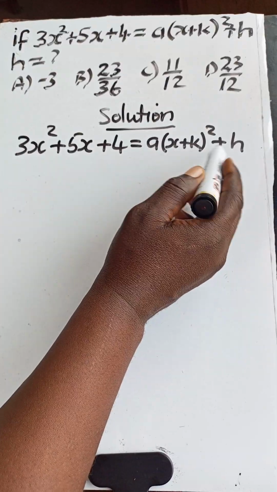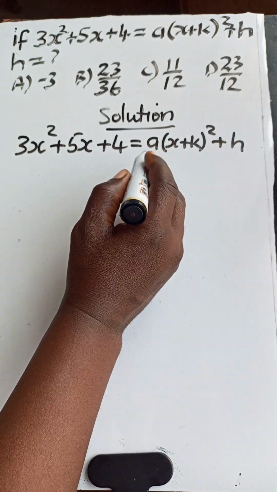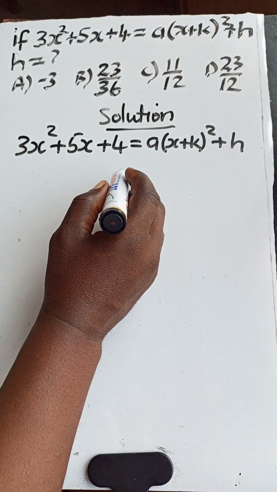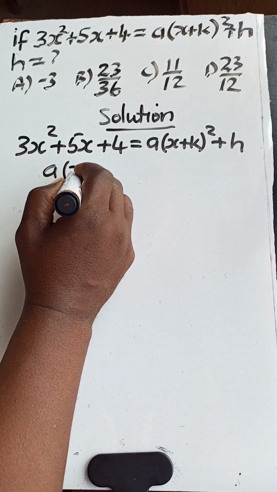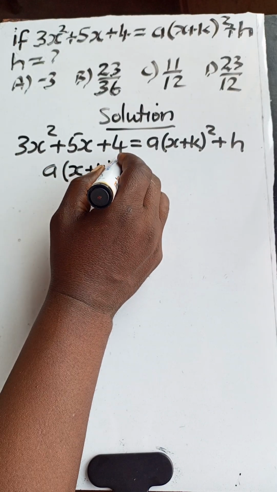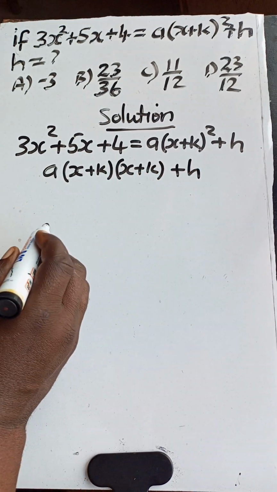So let's bring out this one by first of all expanding (x plus k) squared. So we have a into (x plus k) squared plus h.